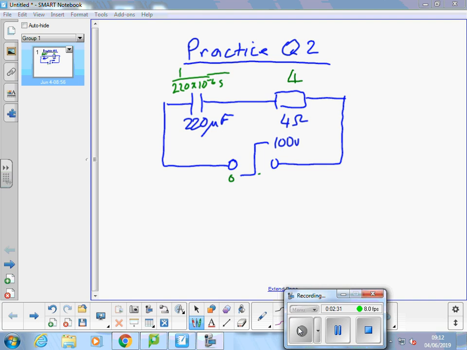All right, so where do we start with solving that problem? Yeah, we write an expression for the impedance in the S domain, which is the resistance plus the capacitor impedance.